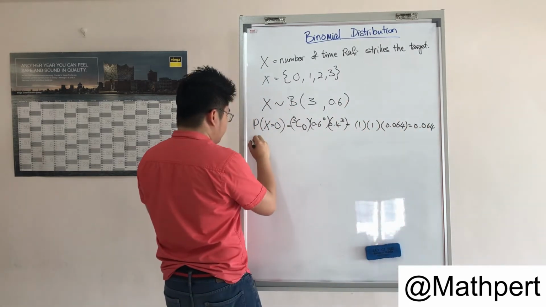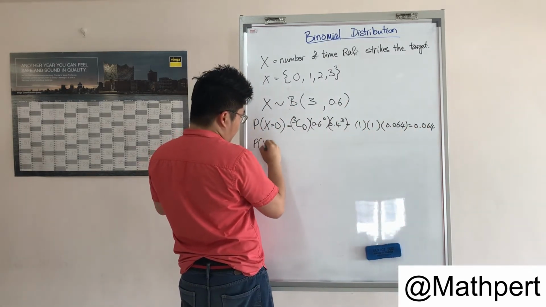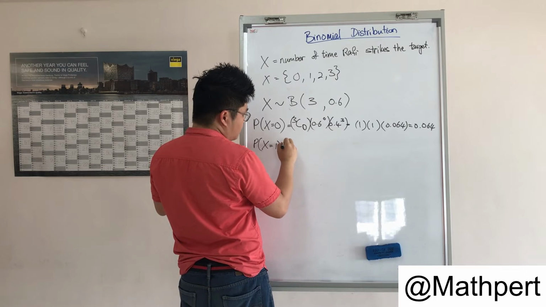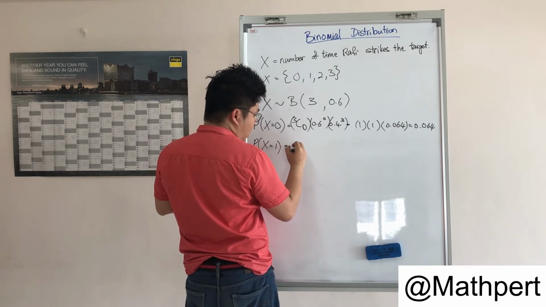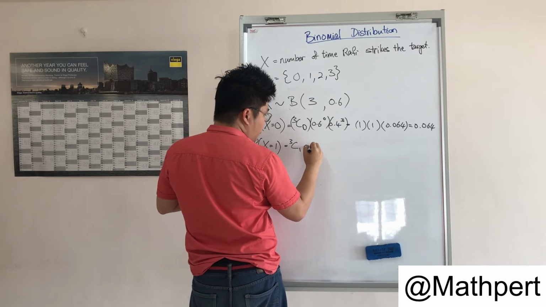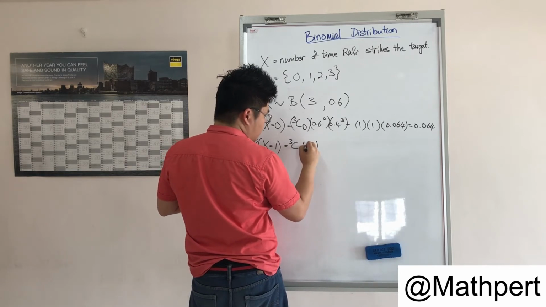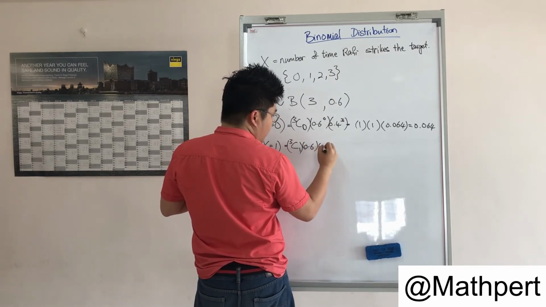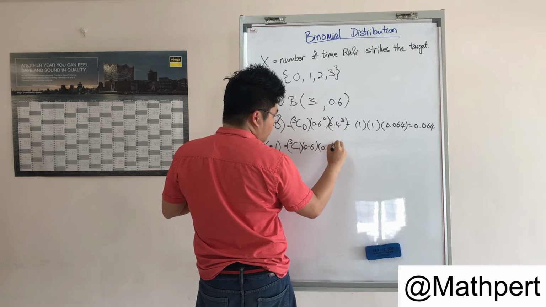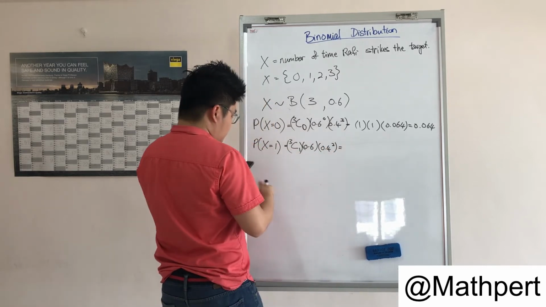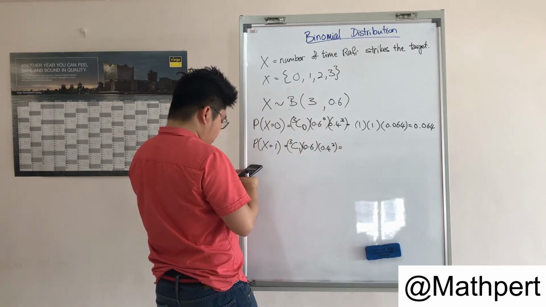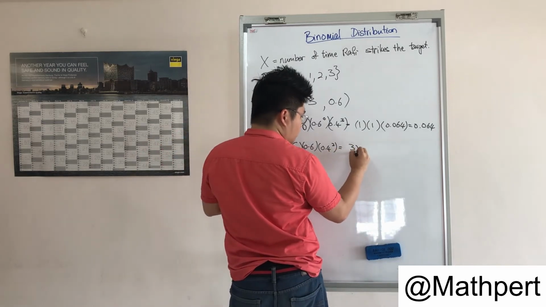Probability of X equals 1 is equal to 3C1, 0.6 power 1, and then 0.4 power 2. So 3C1 we get 3.